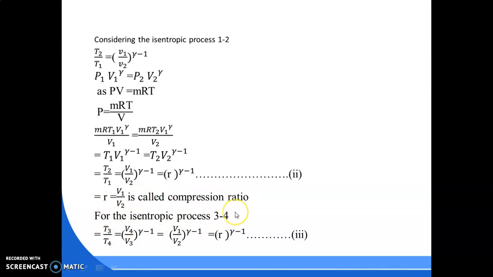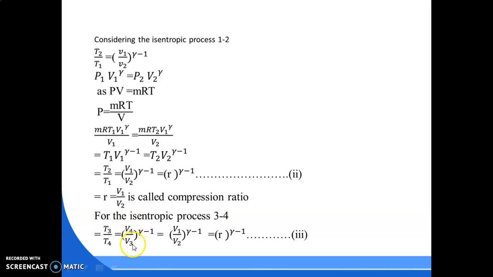For the 3 to 4 process, which is isentropic expansion, T3 by T4 is equal to (V4 by V3) to the power gamma minus 1, final temperature by initial temperature, high temperature T3 divided by T4.